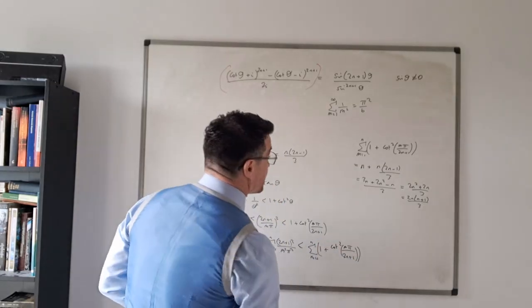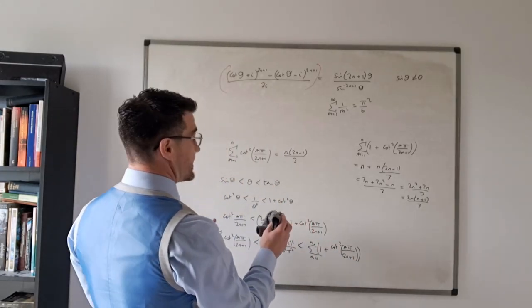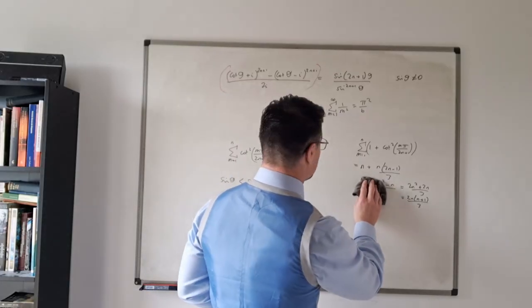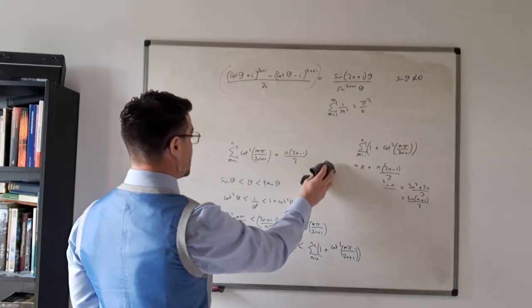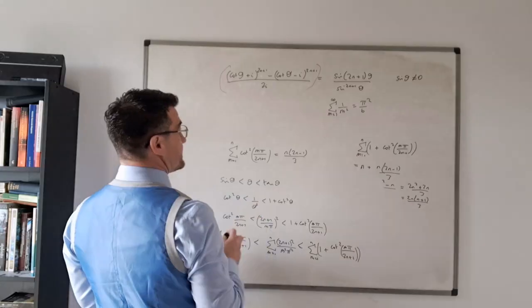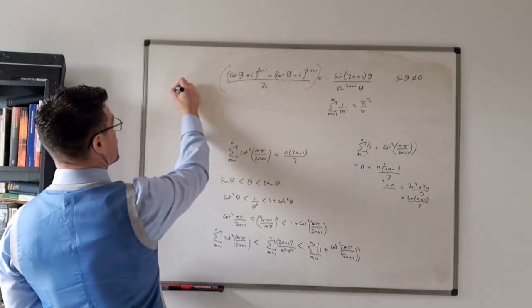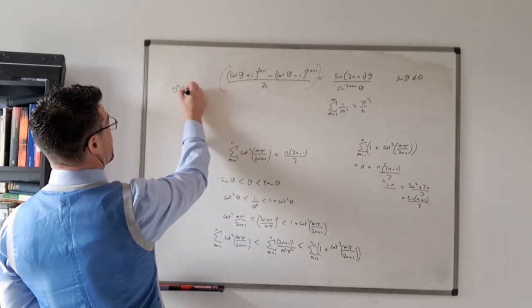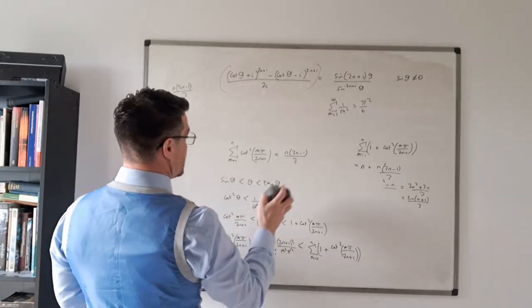Okay, so clear some space. What can I get rid of? Ooh, I'm running out of space, aren't I? Let's make a note of that. So it's n times 2n minus 1 over 3. I'm going to need that in a second.